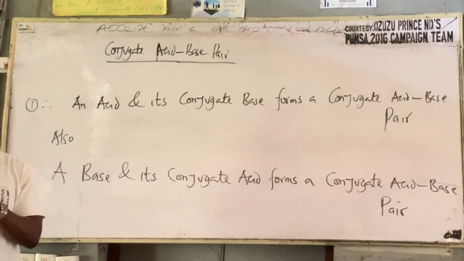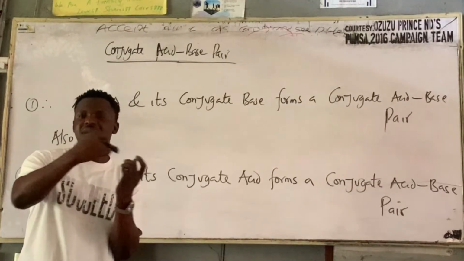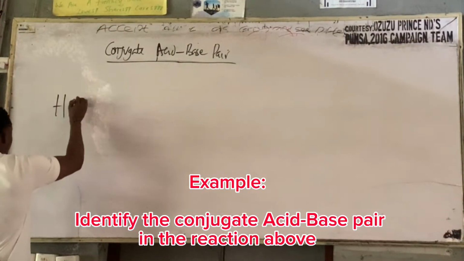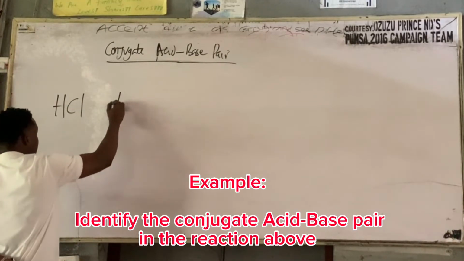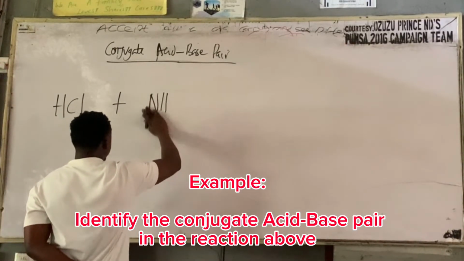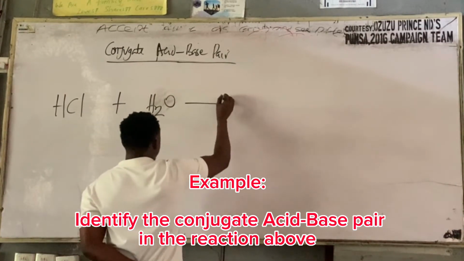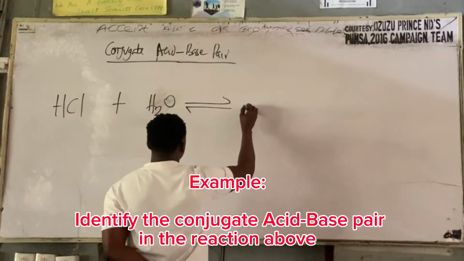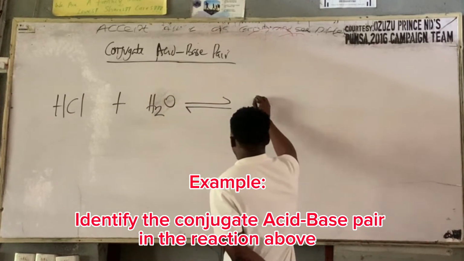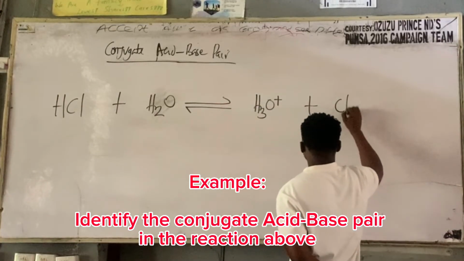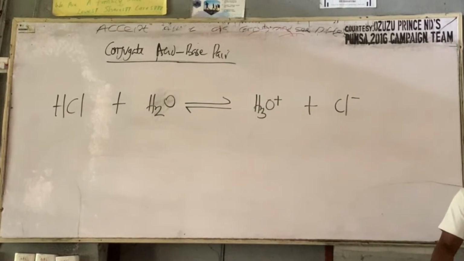In an acid-base reaction, the acid will give out a proton and a base will be there to accept it. Now the common way this question can be asked is to list out the conjugate pairs.